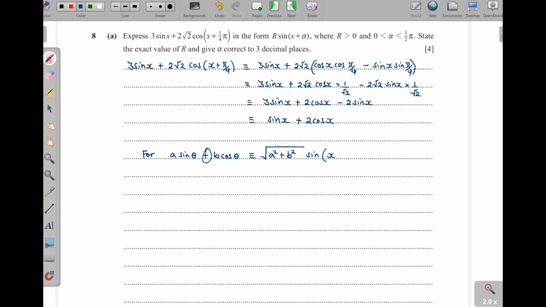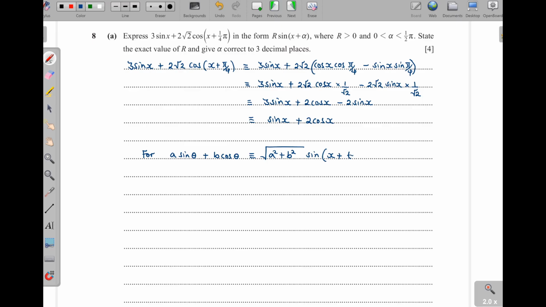If there is a plus here, then here we shall have a plus. If you are putting it in terms of cosine and there is a plus here, then here you will have a minus. Just like we have here, it's a plus here, but when we expand, we are getting a minus here. You see that? But they always help you, they put exactly what it is supposed to be.